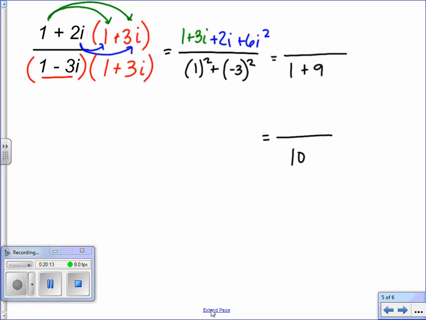Combine like terms. 3i plus 2i is 5i. And this will really be 6 times negative 1, so that will be a minus 6 at the end. And then I've got 2 real parts now. 1 minus 6 will be negative 5. And I have negative 5 plus 5i.